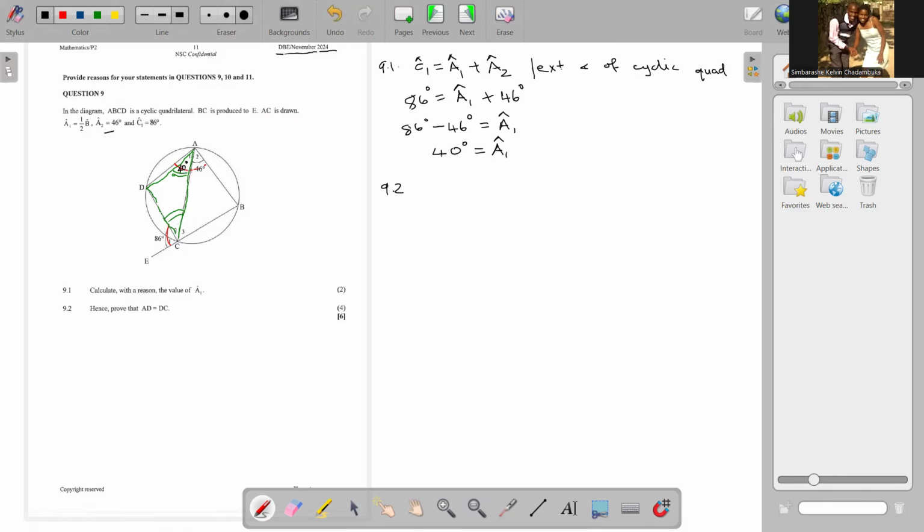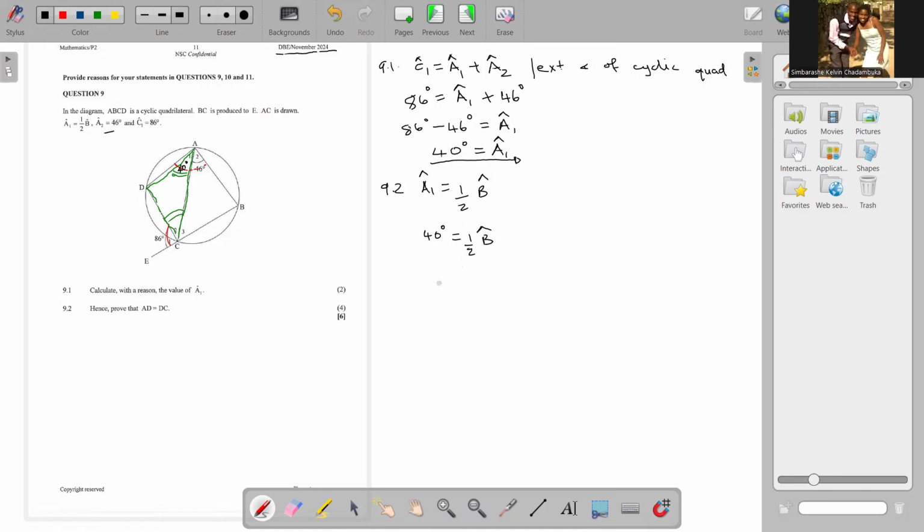But there is information provided in the question: A1 is equal to half B. A1 we found already to be 40 degrees, so 40 degrees is equal to half of angle B.